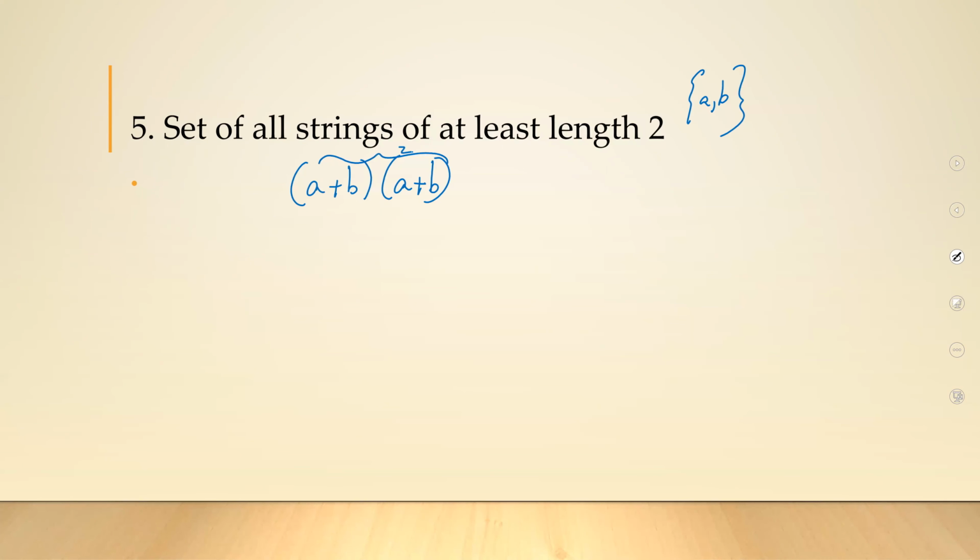But my question is at least length 2, which means 2 should be there. Then 2 plus 0 strings, 2 plus 1 string, etc. So I can write together with (A plus B) star. (A plus B) star means it can be either 0 or 1 or 2. So this is my regular expression: (A plus B)(A plus B)(A plus B) star.